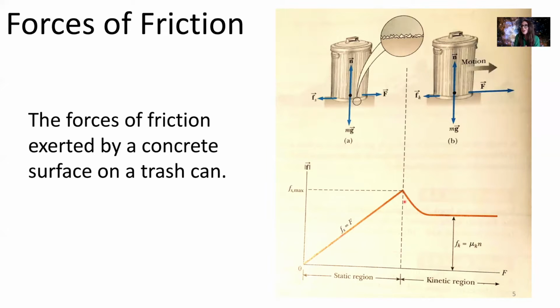Once I've overcome that initial maximum static friction force, it's just easier to push that trash can along, okay? And then I can reduce the amount of force that I'm applying just to keep it moving. The force of kinetic friction is always going to equal your coefficient of kinetic friction times your normal force. So once you've broken that static friction bond, you can apply a little bit less force in order to keep your object moving forward.